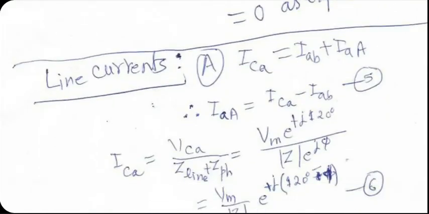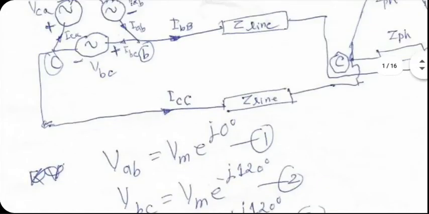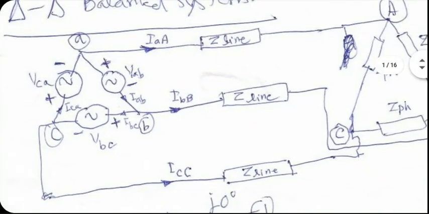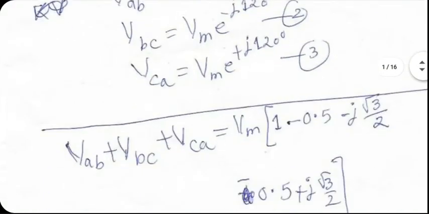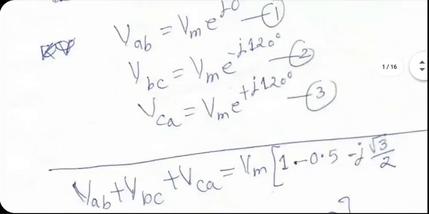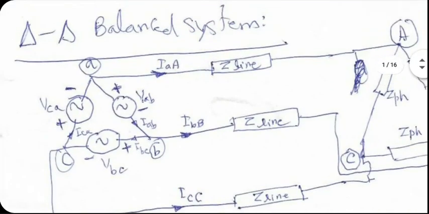ICA, which is one of the line currents, is IAB plus IAA. Wait a minute. IAB plus IAA. Okay, so essentially IAA is ICA minus IAB.